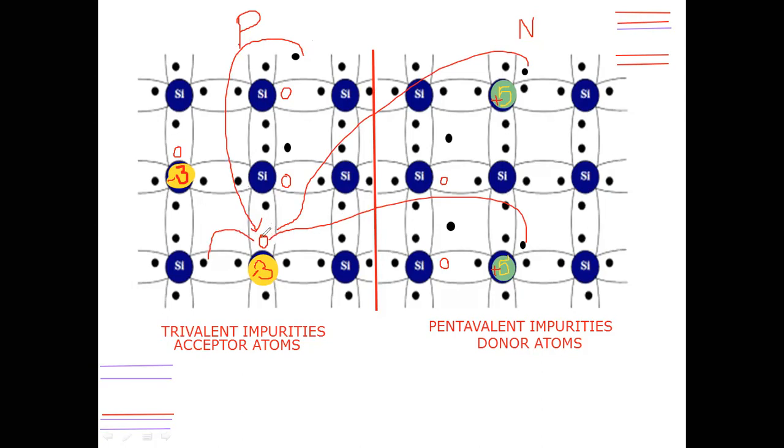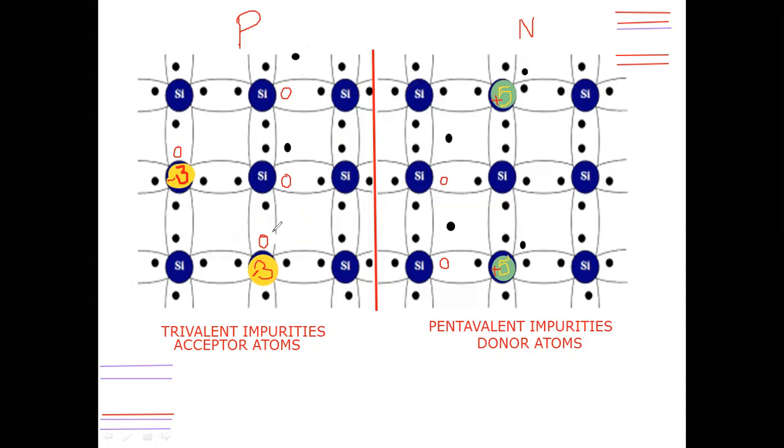This hole may fill with an electron from a neighboring silicon atom, or an electron breaking a bond with an adjacent silicon atom, or from electrons which are moving from n side to p side. So there are so many chances for a hole to fill with an electron.